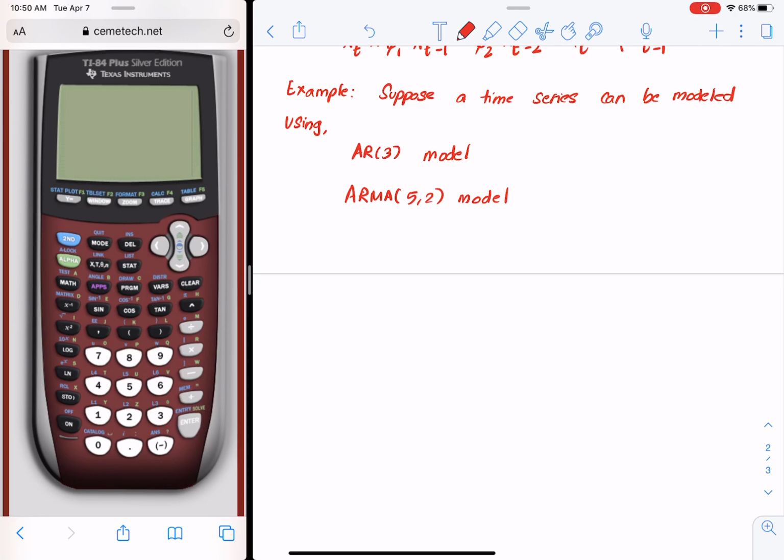So both models seem to work great, but given the two prospects, we have to ask the question, well, do the two models perform the same?